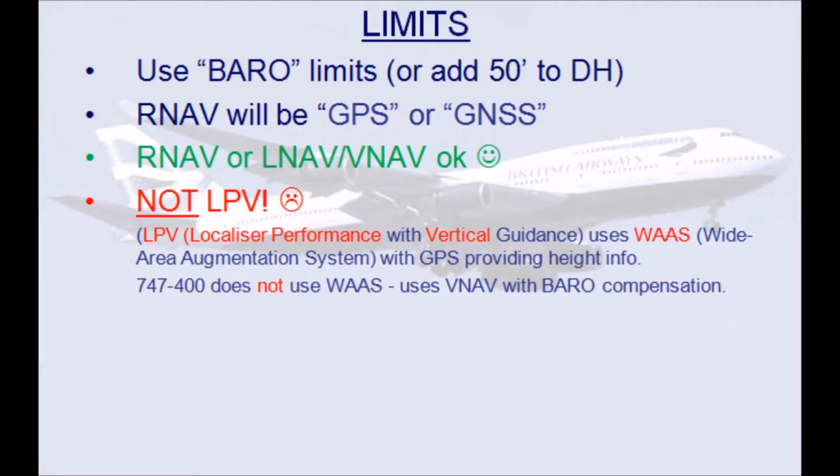We haven't got that. You can't fly LPVs. Now they are effectively the precision element of non-ILS database approaches, which is why we tend to call approaches non-precision. Well, that's been overtaken now because LPVs are actually effectively precision approaches, hence the change in the name.